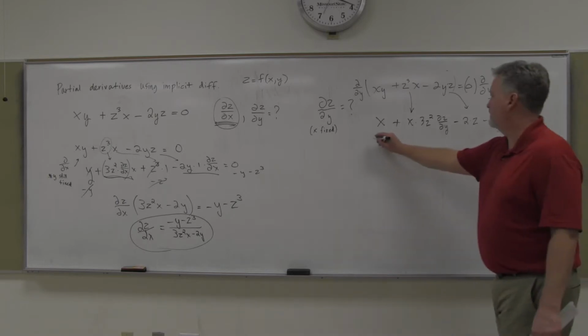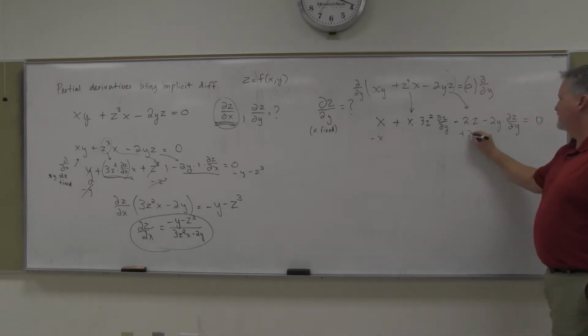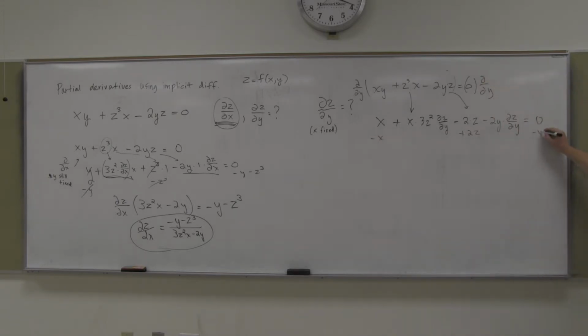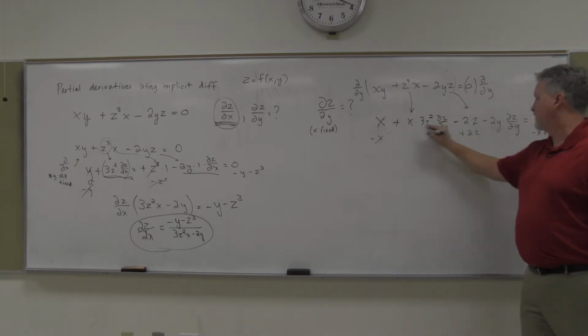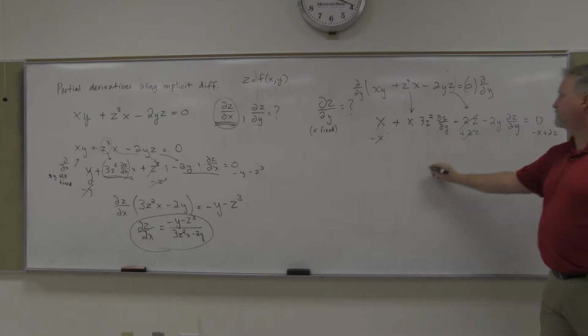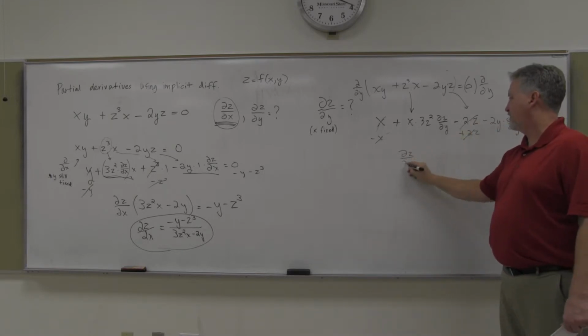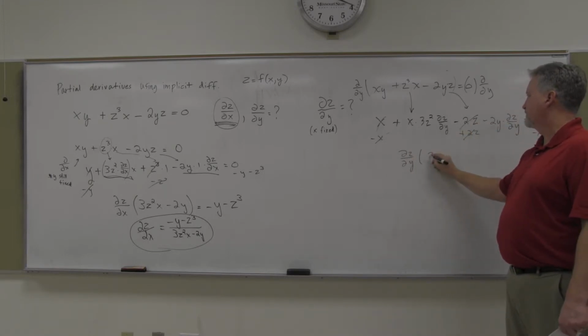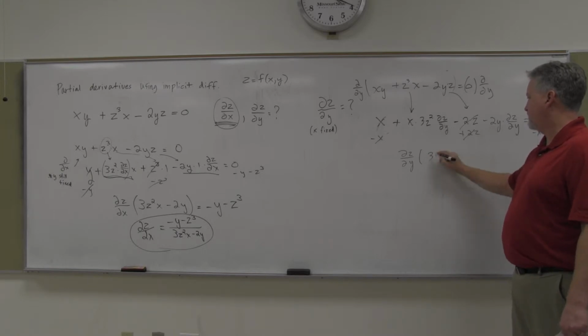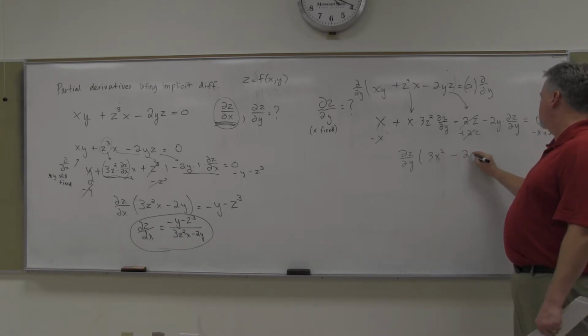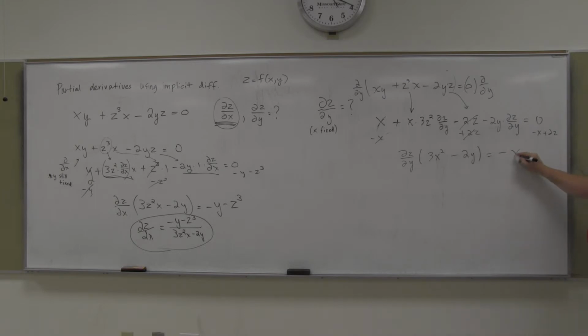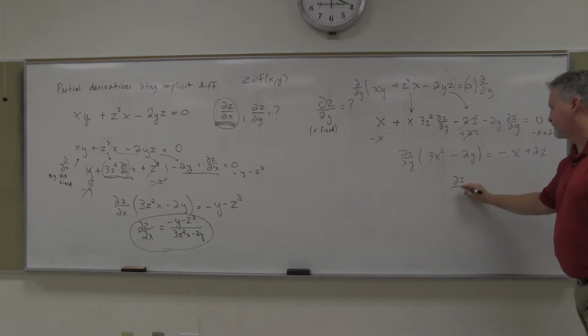All right, so move these terms over, subtract x, add 2z, factor that off: 3xz squared minus 2y equals minus x plus 2z, divide that off, so same old drill.